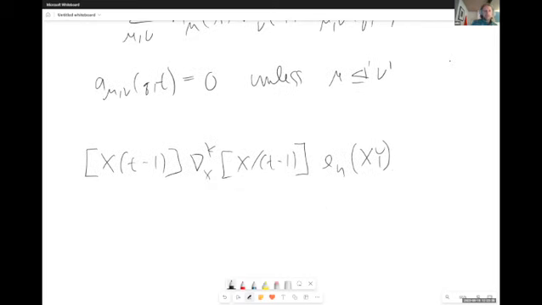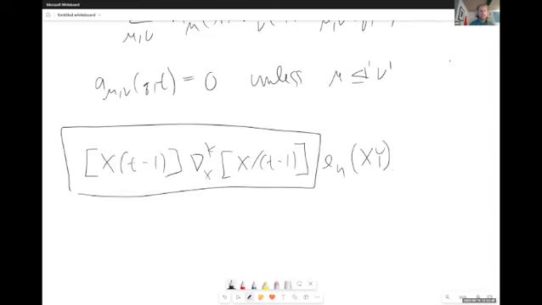Well, the nabla operator is diagonal in the modified Macdonald basis. But the modified Macdonald basis basically comes from the usual Macdonald basis, which is triangular in the monomial symmetric functions, after taking the plethistic substitution of x goes to x times t minus 1.